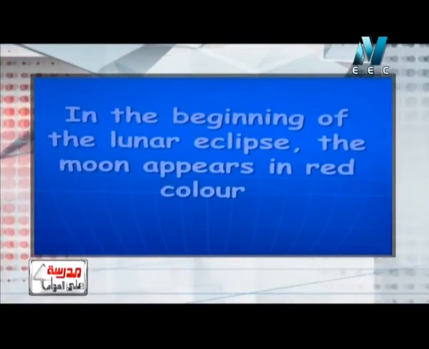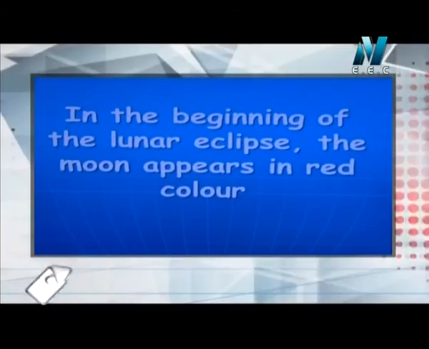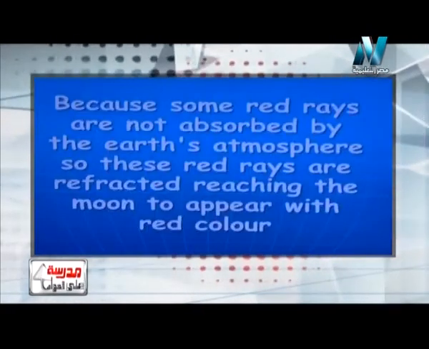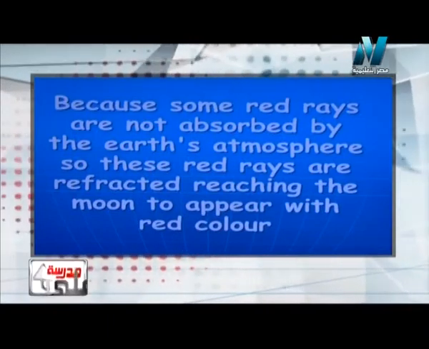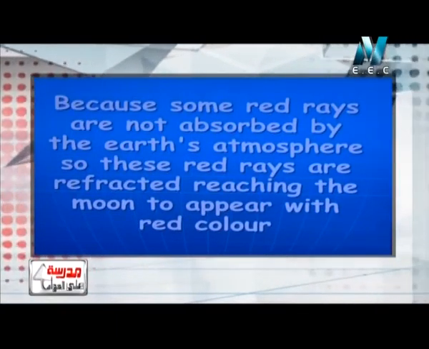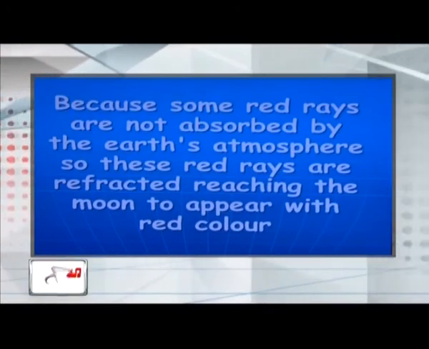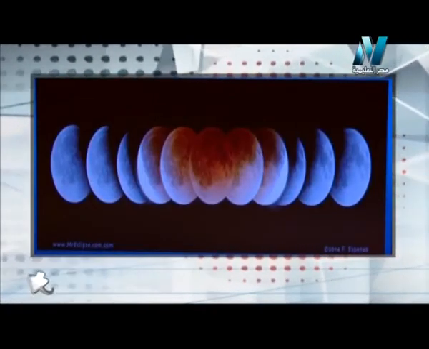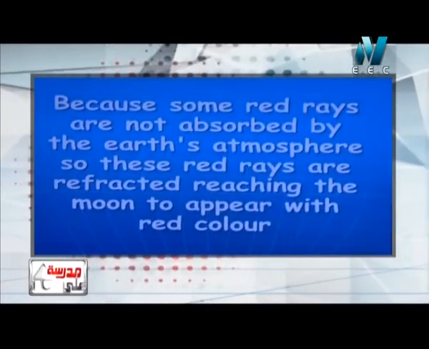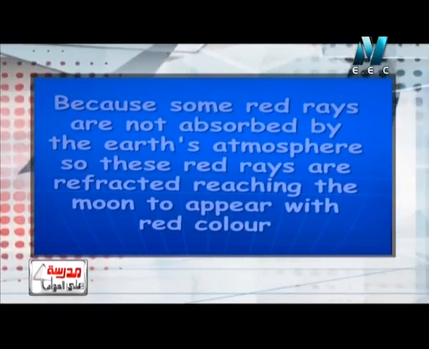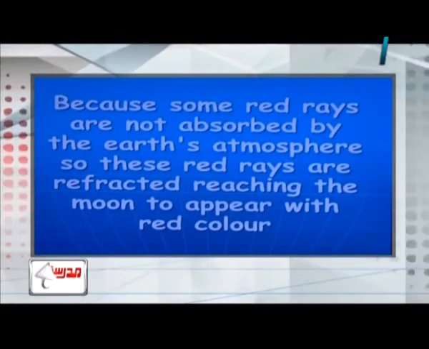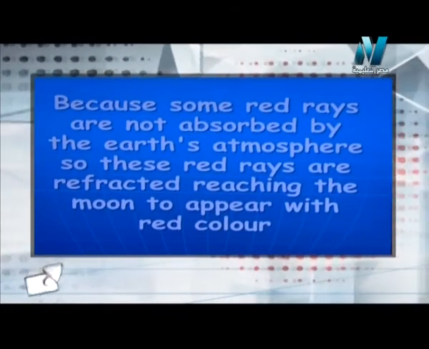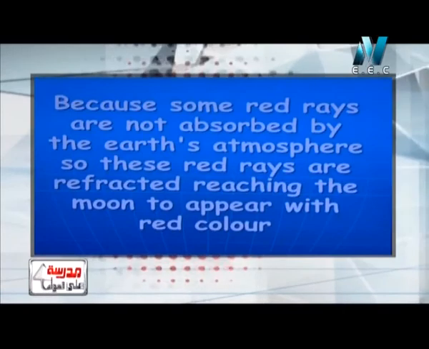Another question: in the beginning of lunar eclipse the moon appears in red color. This is the question I mentioned a while ago. Why does it appear red? Because some red rays are not absorbed by the Earth's atmosphere, but these rays are refracted, reaching the moon, so the moon appears with red color, as we see now on the screen.